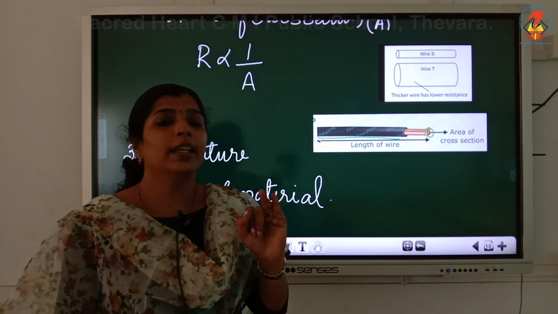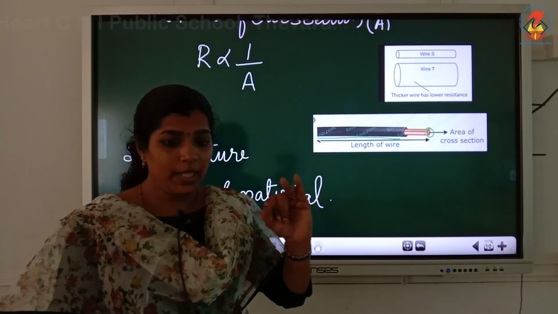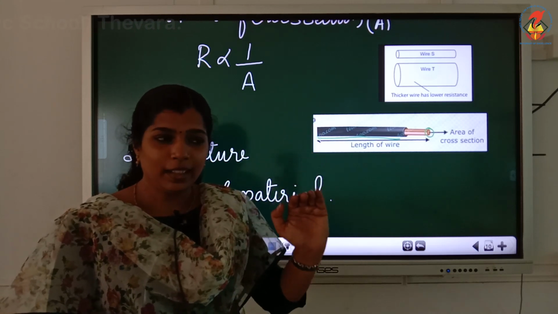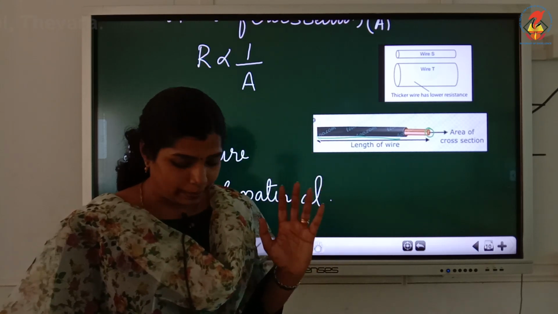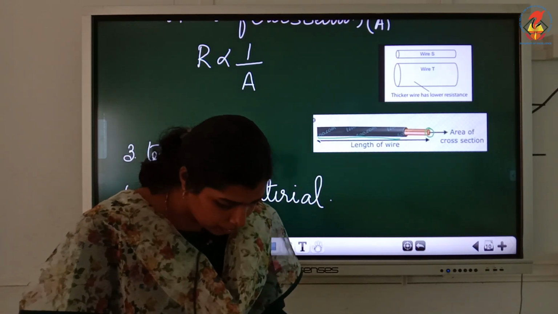The second point is area of cross section. As the area of cross section increases, meaning thickness increases, the resistance of the conductor decreases. That is inversely proportional.